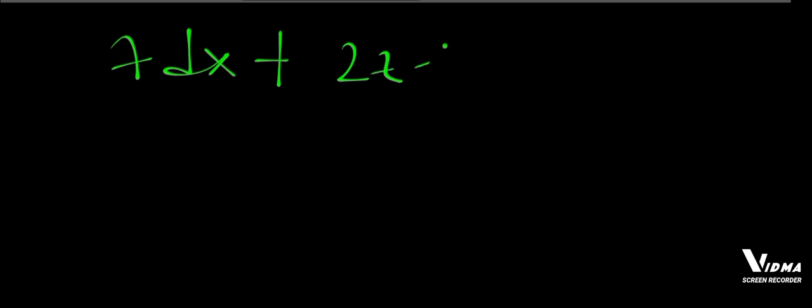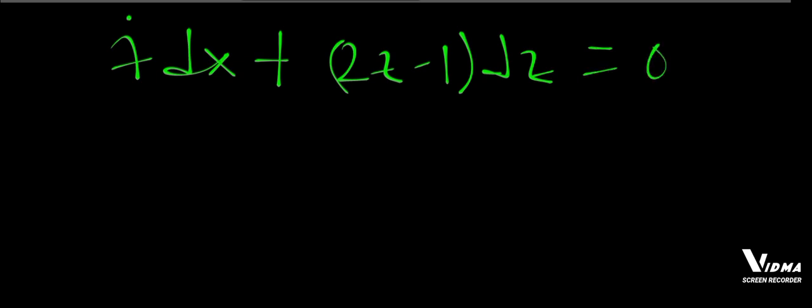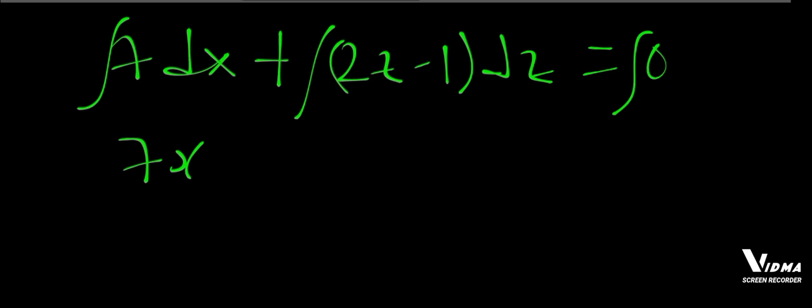So we have 7 dx plus (2z minus 1) dz being equal to 0. So I'm just going to integrate each term. So I'm going to have 7 dx is just going to be 7x, plus integrating 2z, I'm going to get z squared.